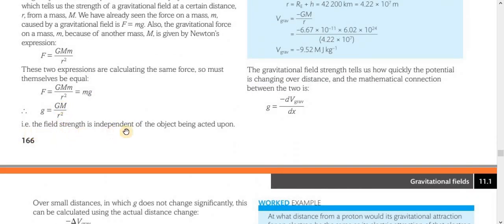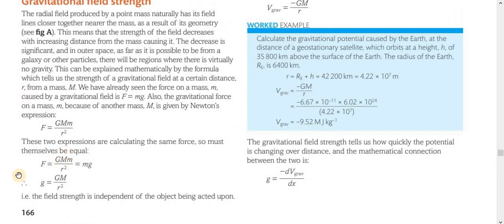That is, the field strength is independent of the object being acted upon. You can see the mass of the smaller object is not in the equation. What that means is, you can see the m cancelled out. In the example here we talked about the moon and the earth. The mass of the moon is independent of the gravitational field strength.